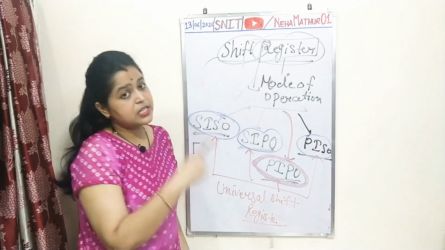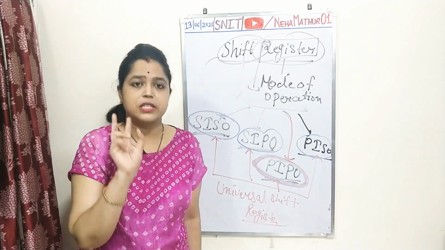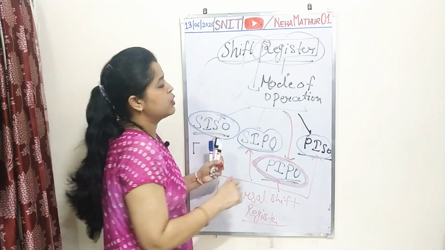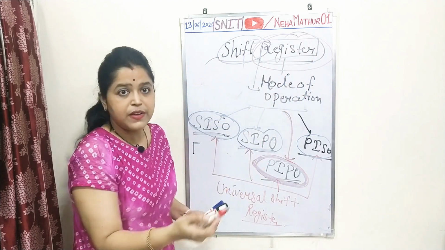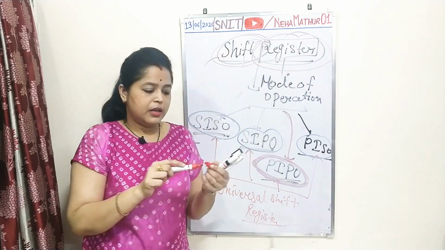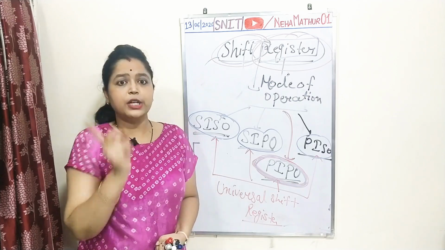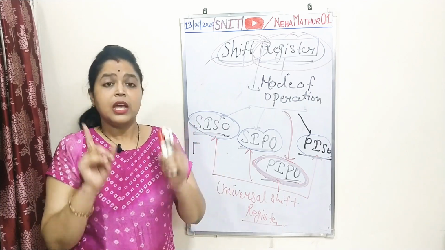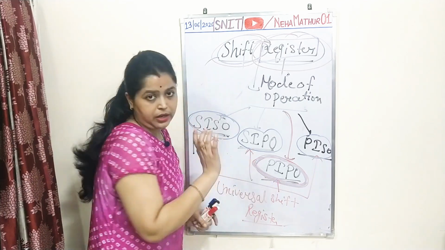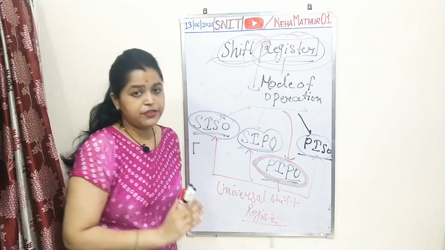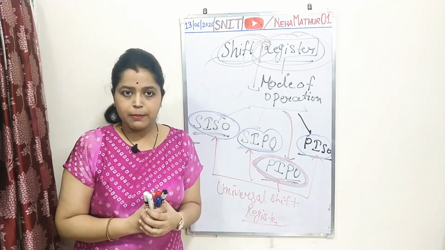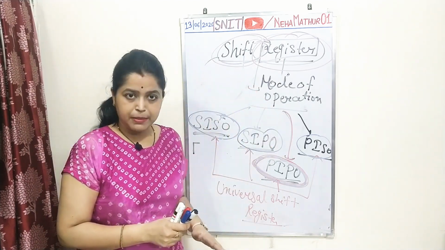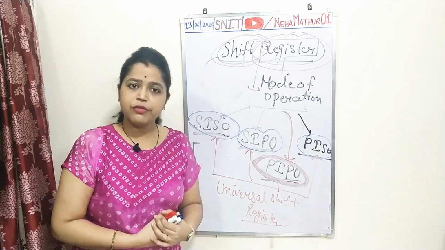Because, I am again repeating, the universal shift register is a type of register which is able to store the data, because a register is a storage device, as well as shift the data from left to right or right to left, and bidirectionally, as well as parallel loading. That's why the universal shift register is introduced. This is all about registers, its complete conclusion, its complete summary in terms of modes of operation.